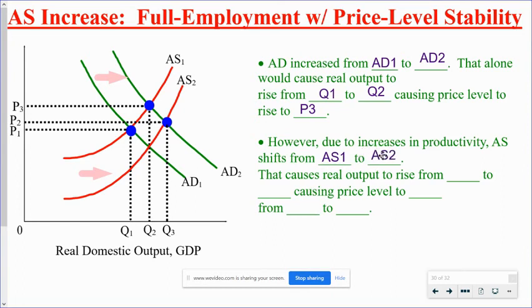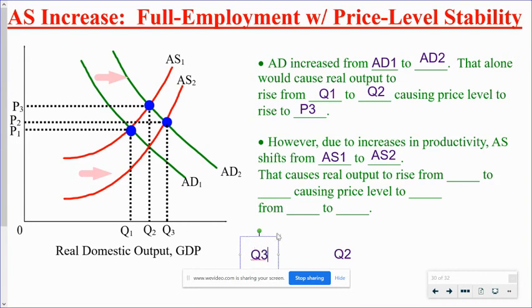Now that causes the real output to rise from where to where? Well, we were at Q sub 2, but when I notice the aggregate supply curve has shifted, I'm now at Q sub 3.